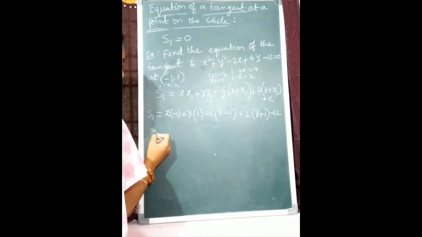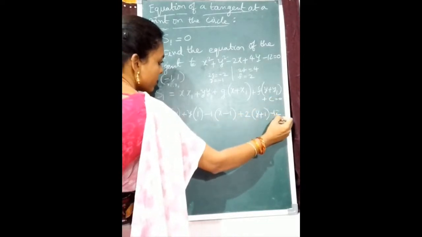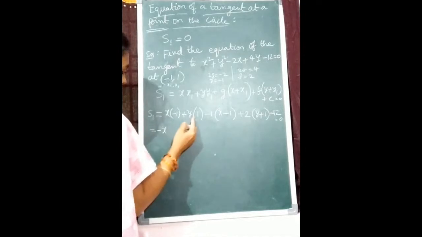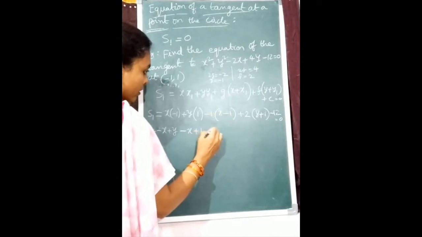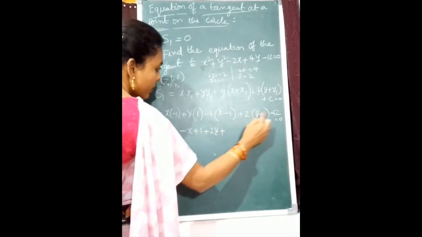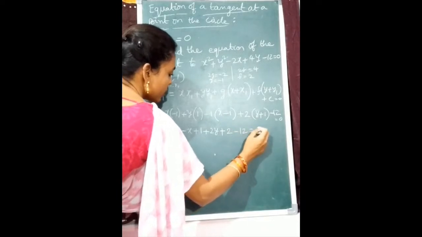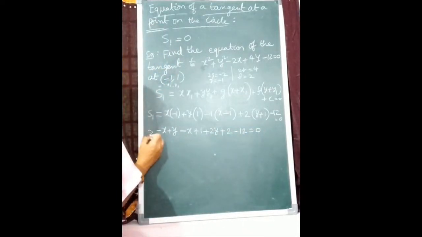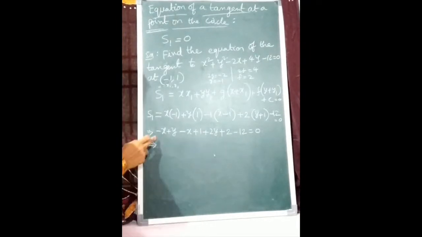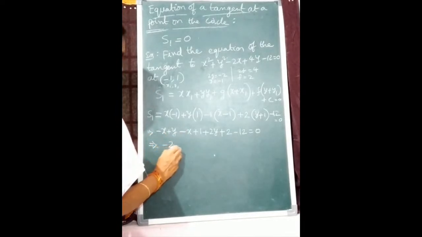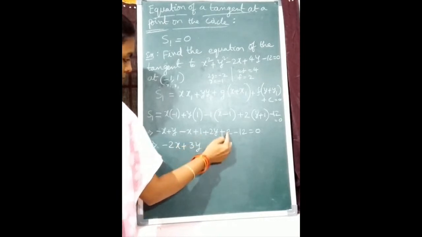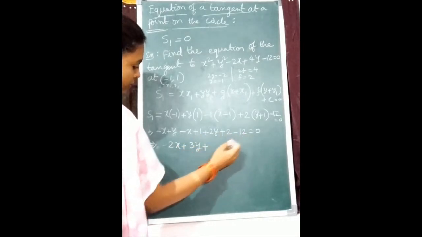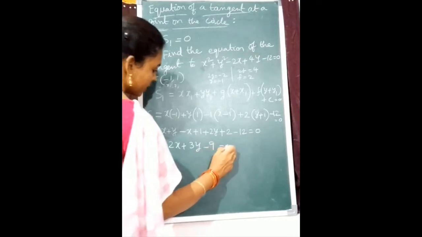This is equal to 0. Equation of tangent కదా. Minus x plus 1 plus 2y plus 2 minus 12 is equal to 0. Minus x minus 2x, plus y plus 2y, that is 3y, plus 1 plus 2 plus 3 minus 12, so minus 9 is equal to 0.